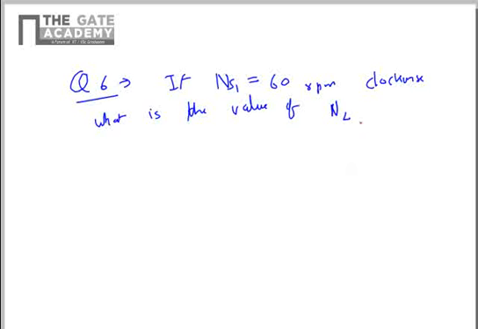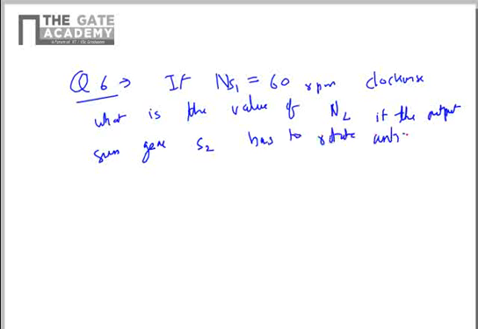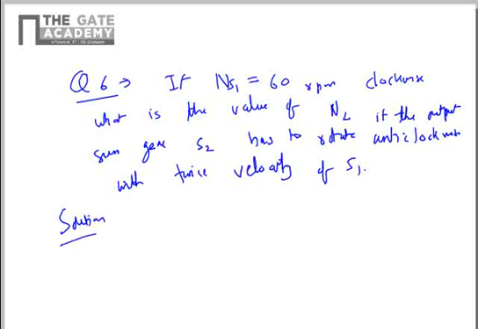So what is the value of NL, the revolutions of the leg and its direction, if the output sun gear, that is S2, has to rotate anti-clockwise with twice the velocity of S1? So we'll solve this problem.